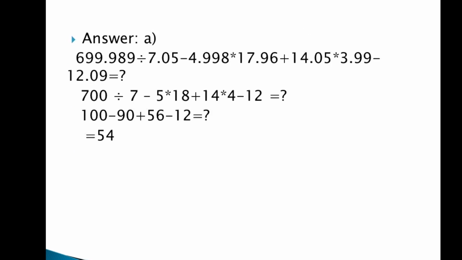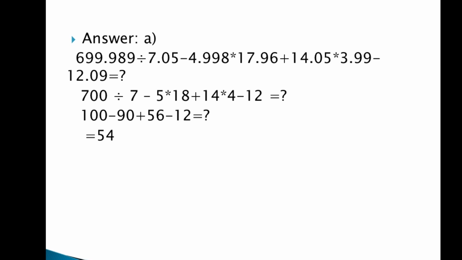Now solution. 699.989 divided by 7.05 minus 4.998 multiplied by 17.96 plus 14.05 into 3.99 minus 12.09 is equal to question mark.